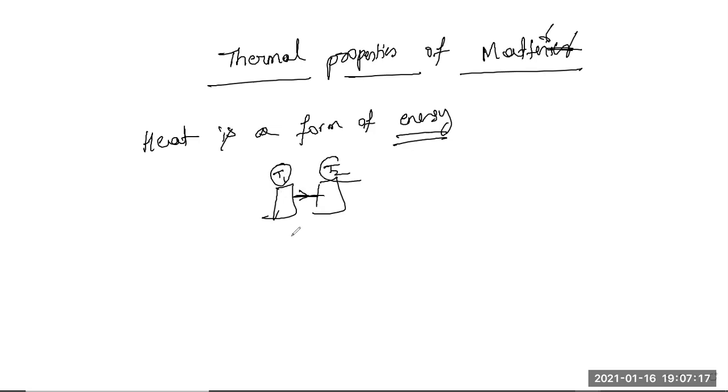If T1 is greater than T2, then heat energy goes from this body to that body, always from high to low. Heat travels from high to low, right? That is the universal law: energy always flows from high energy to low energy. So heat is a form of energy that travels from one body to another if there is a temperature difference.